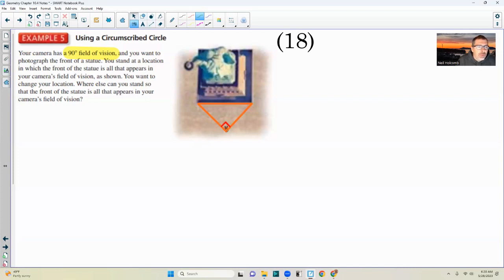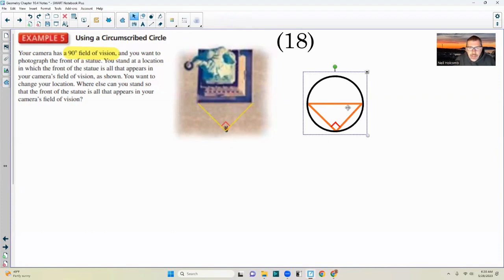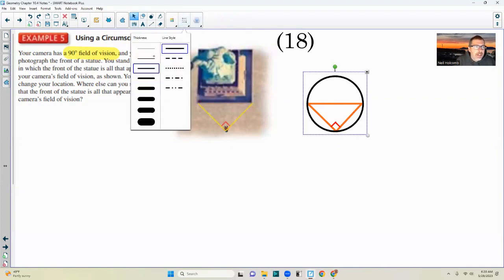So what you need to understand from this chapter is if you have a 90-degree field of vision, your camera's at this location here, and it can see to here and here. Well, if I do a circle and center it right here, and open it up like so, let me just move it and make it a tad thinner.